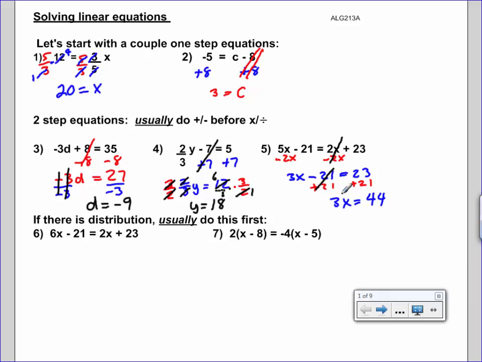Now do the division. We'll divide by 3. And not every problem is going to come out to an integer. You could just leave this as an improper fraction, 44 over 3.